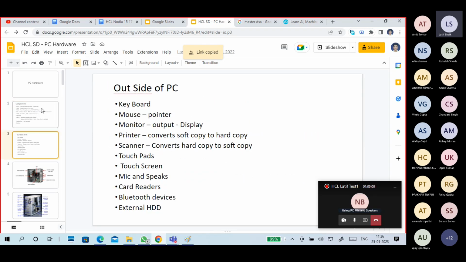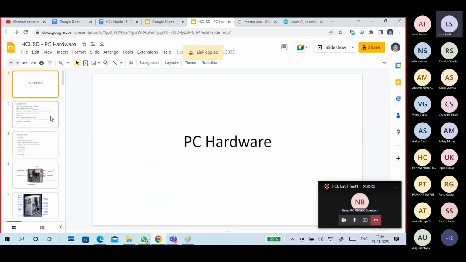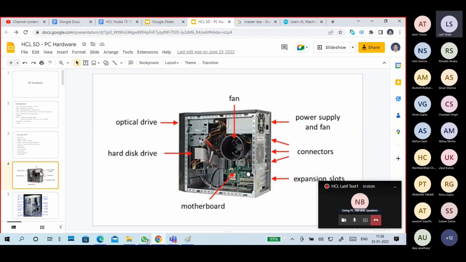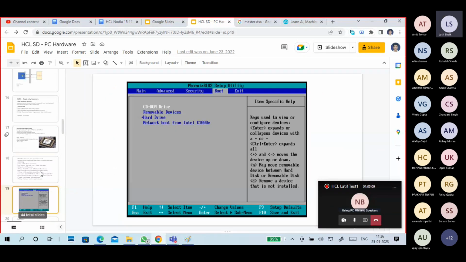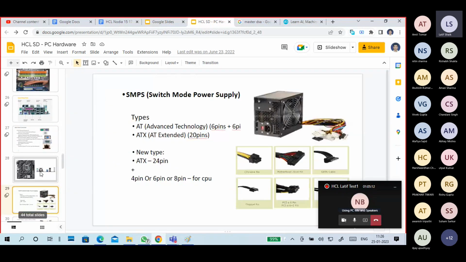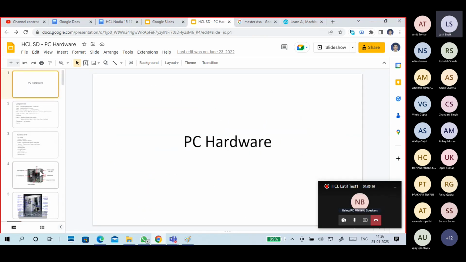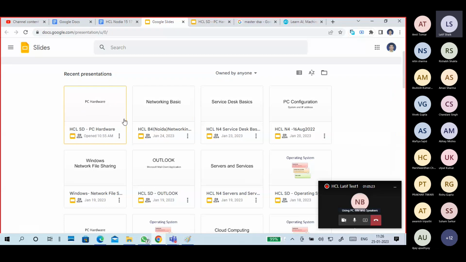So where is this diagram? What happened to my... There is actually a very good diagram. So somewhere it is gone. That is the last one only, no? So it is a PC hardware.